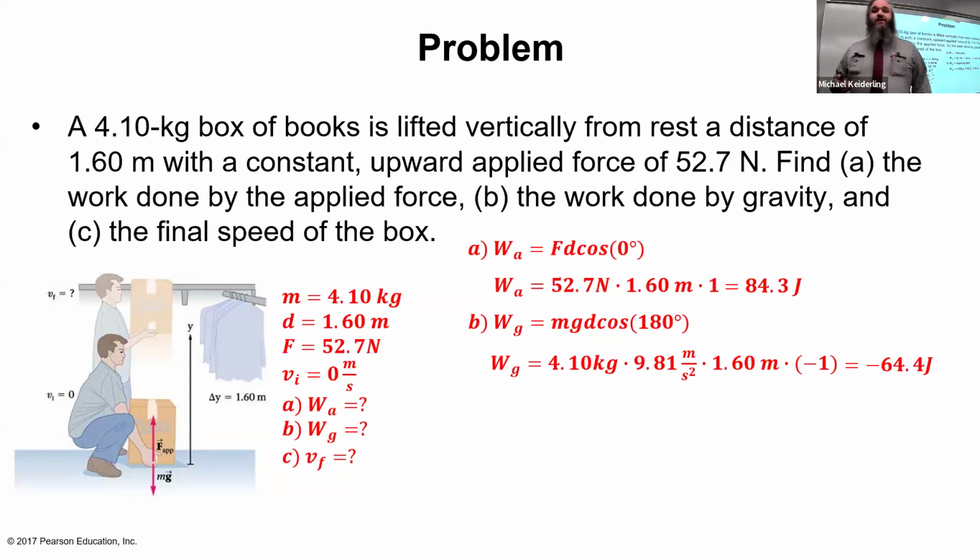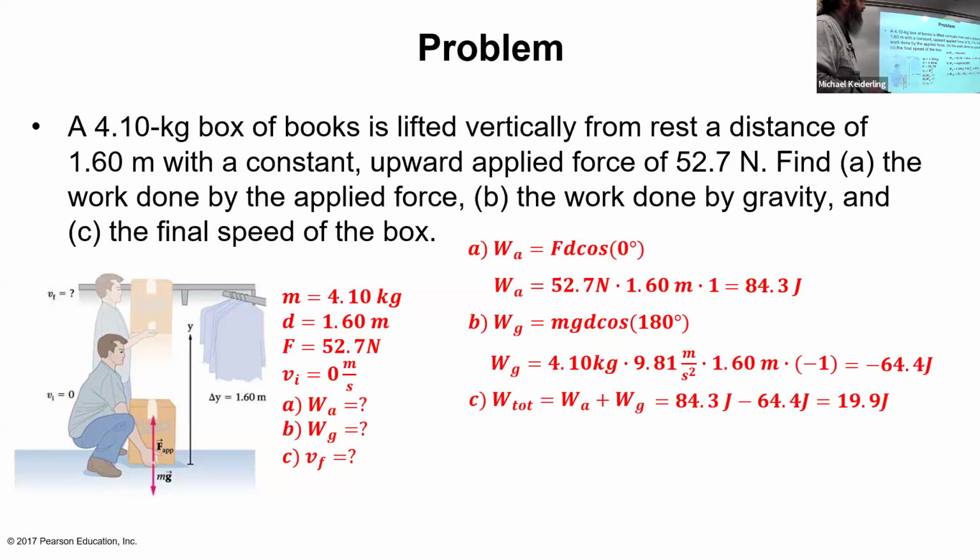And to figure out the final speed, the total work is just the sum of the applied work plus the gravity. So 84.3 joules minus 64.4 joules, which is 19.9 joules. That is also equal to the change in kinetic energy, 1/2 mass times velocity final squared minus 1/2 mass times velocity initial squared.